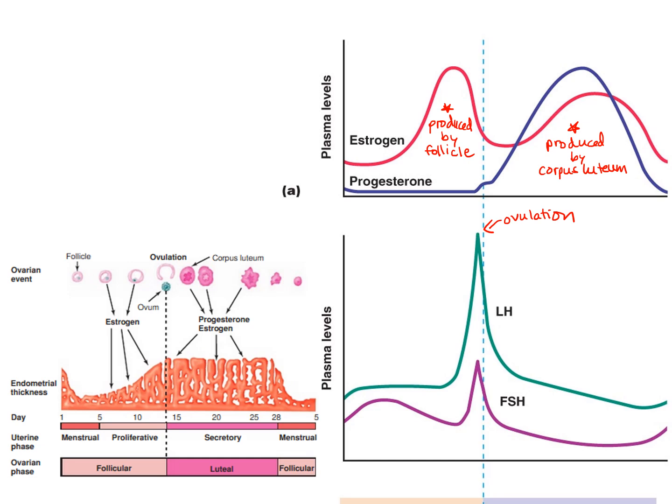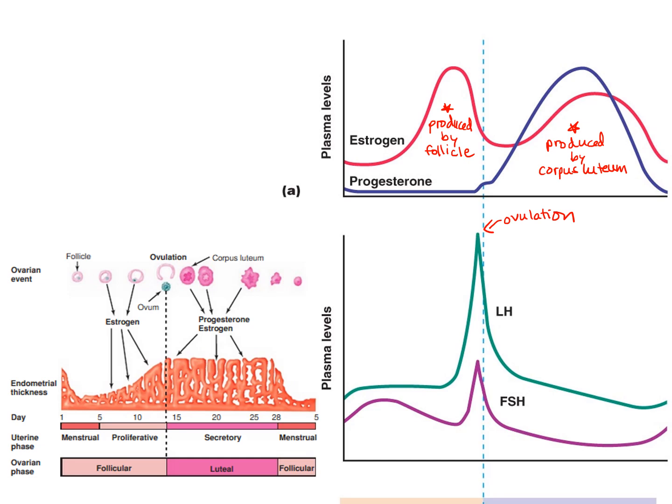Okay, so let's go through and talk about what's going on in these graphs with our hormones. And we're going to start actually at the end of our menstrual cycle here. So we're going to be over here. So notice that our estrogen and progesterone levels have decreased, and that's going to be triggering the menstrual phase of the uterine cycle. So we're going to be starting over here.